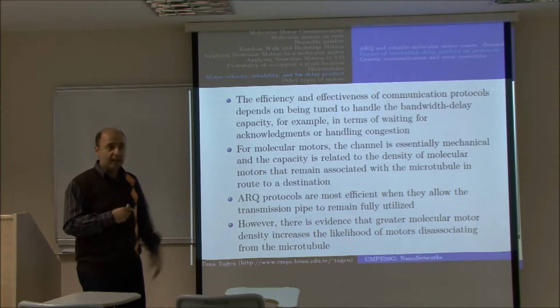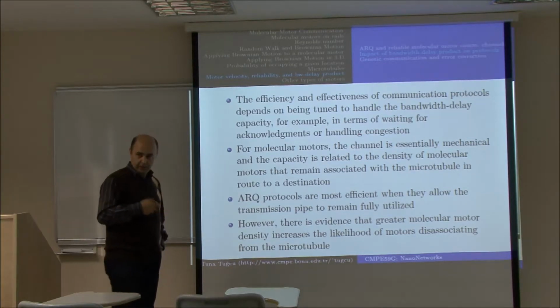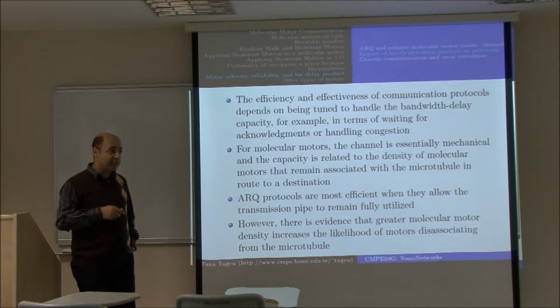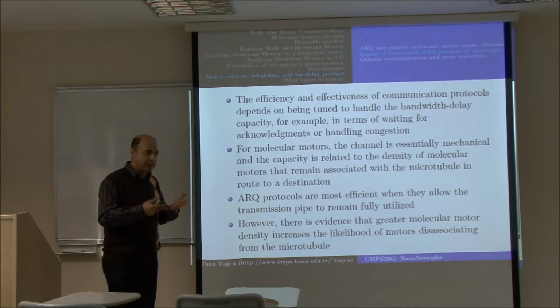So while we are trying to increase the efficiency, we will end up with actually higher error, which will harm efficiency. So you have to find a good balance of that.